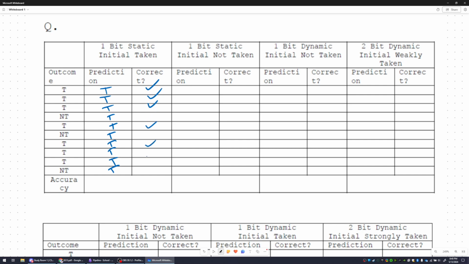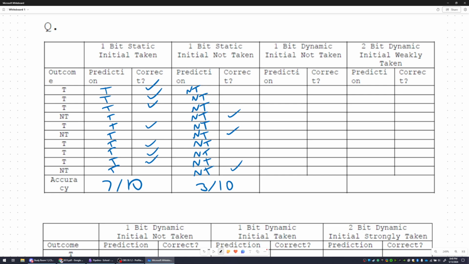For this one, this one, this one, and this one. So the accuracy is 1, 2, 3, 4, 5, 6, 7, 8. 7 out of 10 for this one. This one's static not taken. So all of these are not taken. It's only going to be correct for the opposite ones. So 3 out of 10.